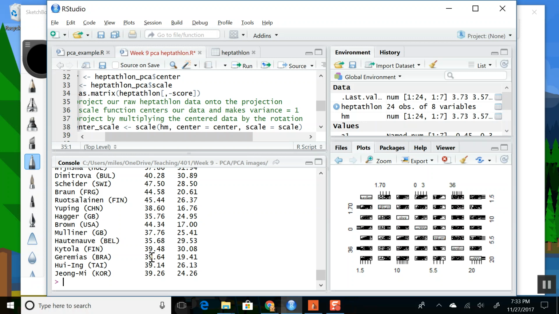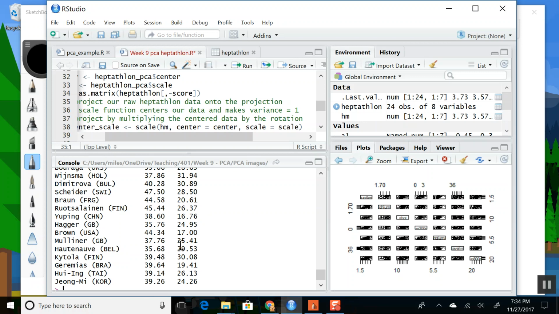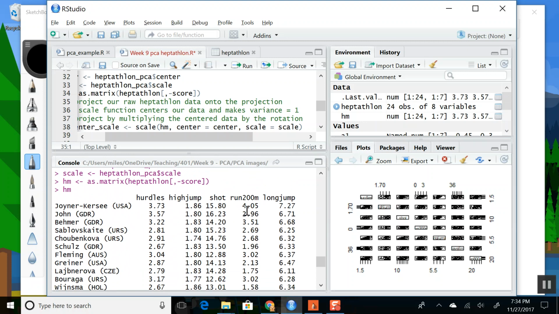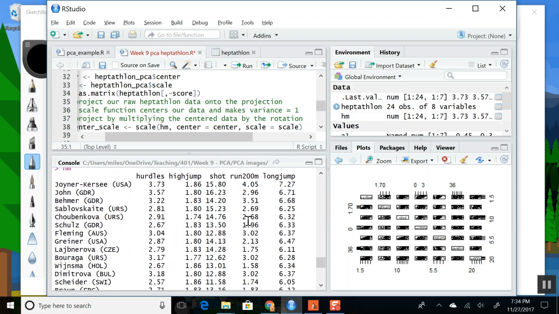If we didn't scale the data, and let's say, for some silly reason, the Olympics measured the 800-meter race times in seconds, but then decided to measure the 200-meter race in milliseconds, then instead of values of 4.05, you're getting values of 4,000.